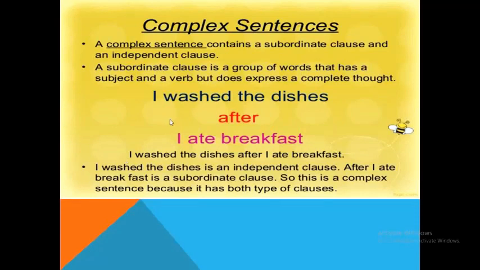So let's just focus again, boys, if you have any confusion regarding what a subordinate clause is. So I will explain to you. For instance, look at that. I washed the dishes. It's a complete sentence. It is giving the sense that someone washed the dishes. But look at this part of the sentence. Look at this component of the sentence. After I ate breakfast. So it isn't giving the full meaning.